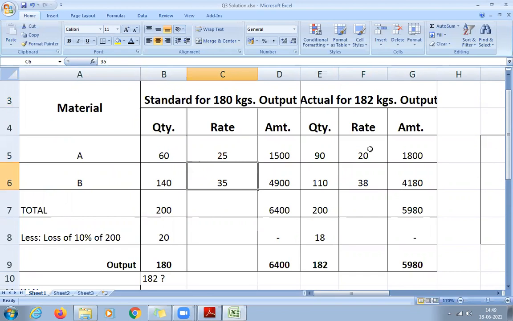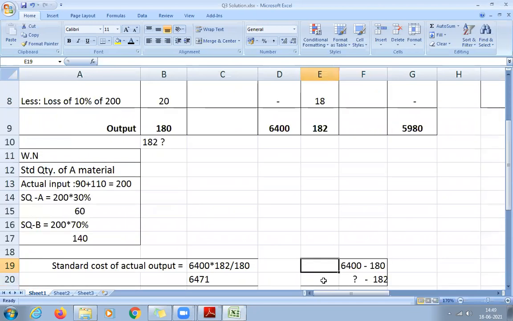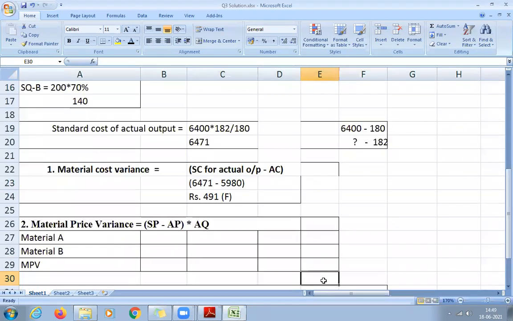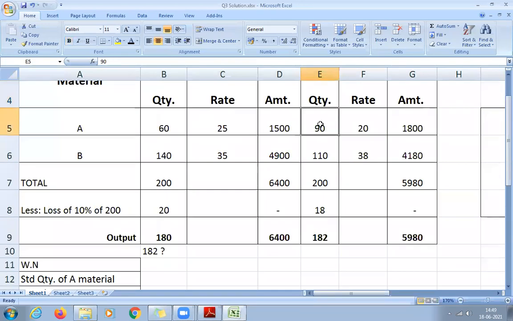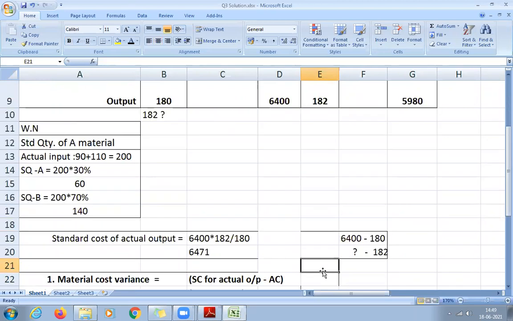Actual price for A is 20 and B is 38. Actual quantity for A is 90 and for B is 110. Let us substitute.